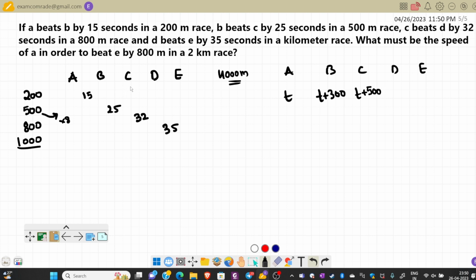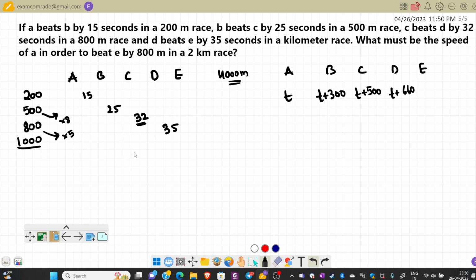Now take the case of C and D. To convert 800 into 4000, we need to multiply with 5, so we'll multiply 32 with 5, that is 150 plus 10, 160. So t plus 500 plus 160, that is t plus 660.